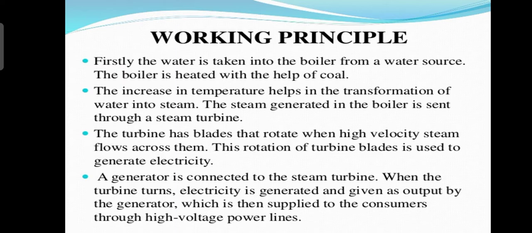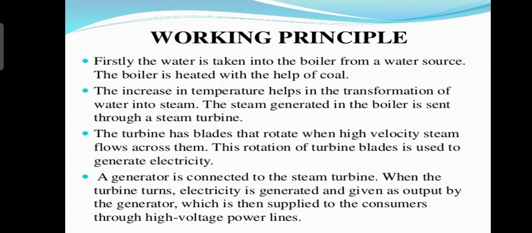The steam generated in the boiler is sent through the steam turbine. The turbine has blades which are rotated by the high velocity steam flowing across them. This rotation of the turbine blades is used to generate electricity.